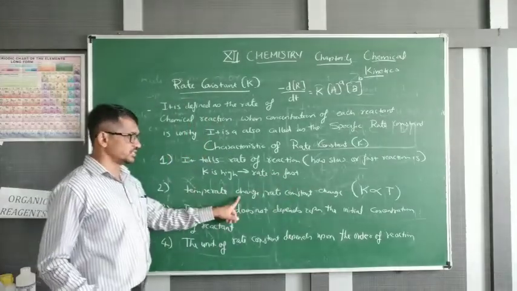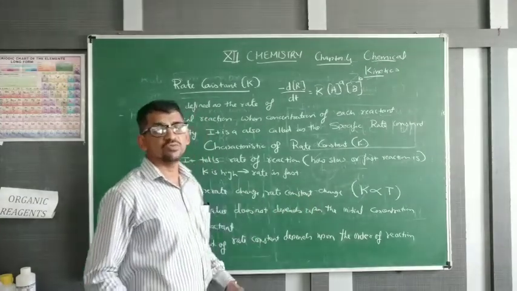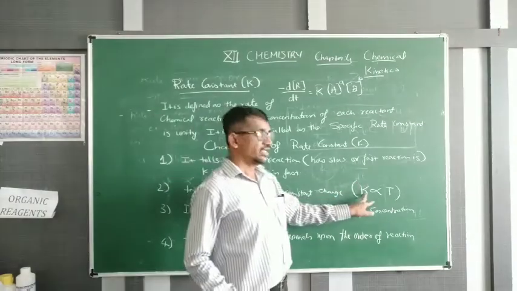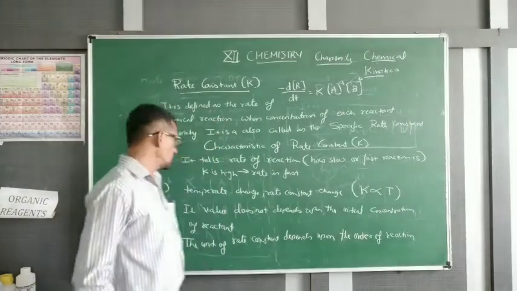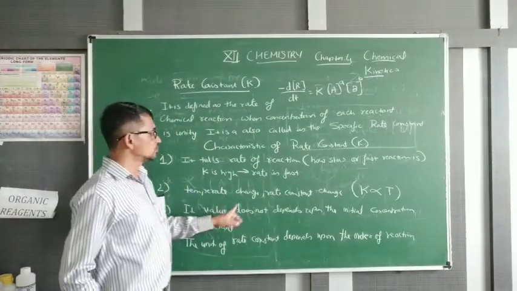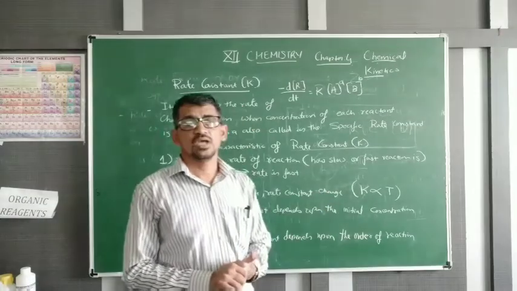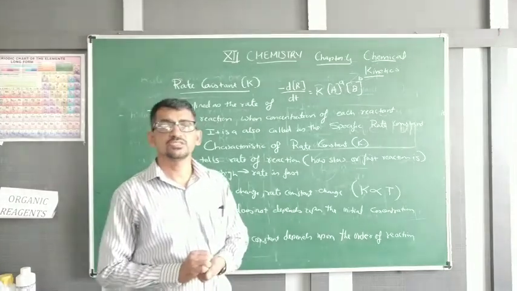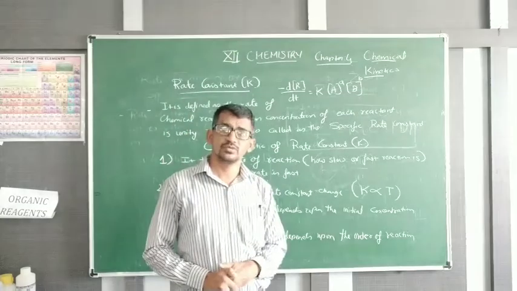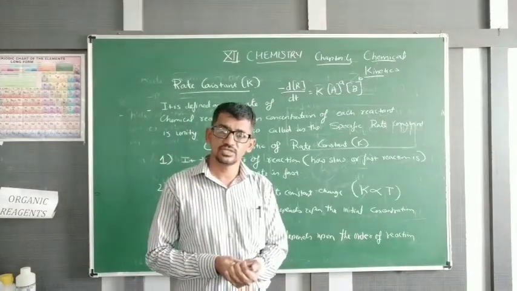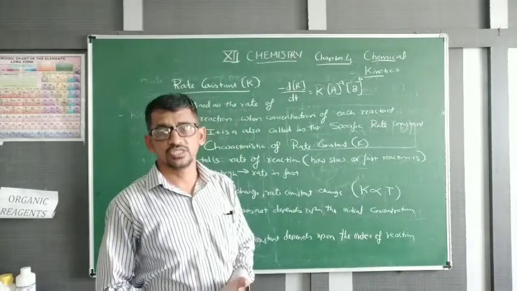Second, temperature change. If the temperature changes, then the rate constant also changes. The K value also changes; K is directly proportional to T. Third, the value does not depend upon the initial concentration of the reactant, meaning A and B. If you change the concentration initially, the product formed changes, but the K value does not change.